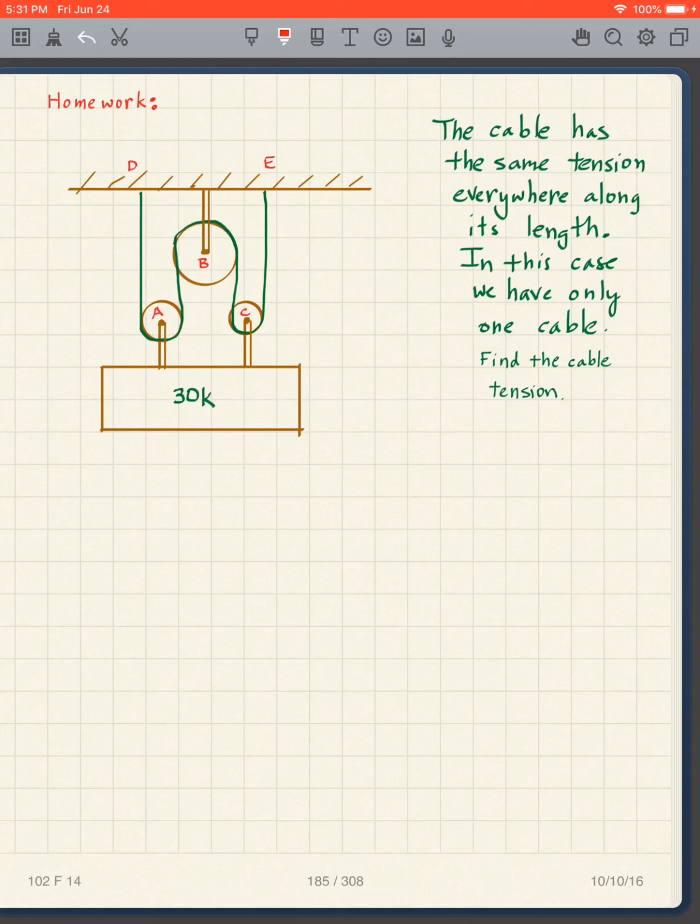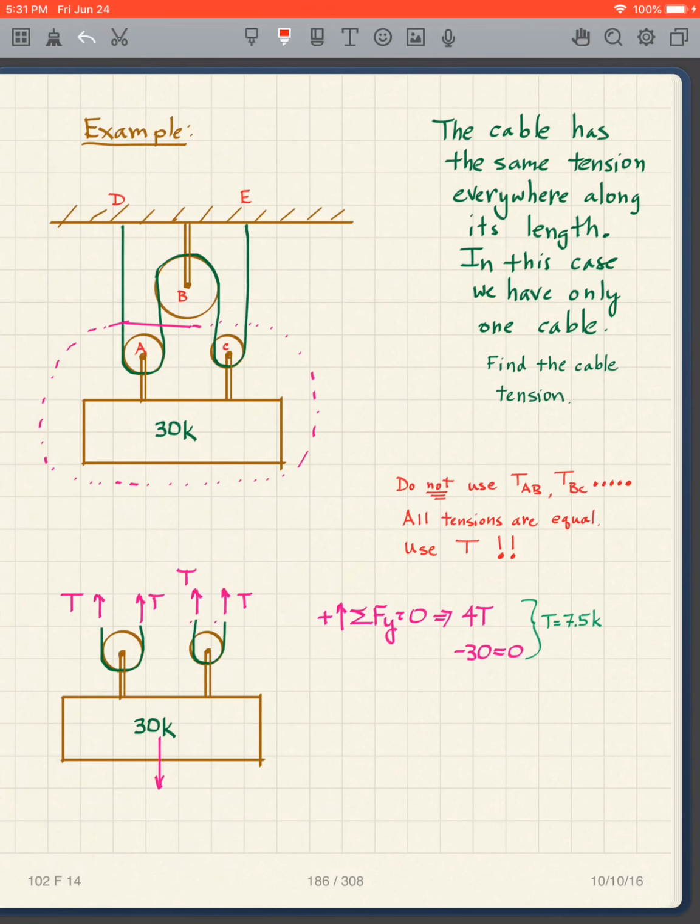I'm going to show you how to do it, but I want you to draw a free body diagram here, make the cuts, and determine the tension in this cable. Okay, so pause the video and do this. Okay, so now what do I do?